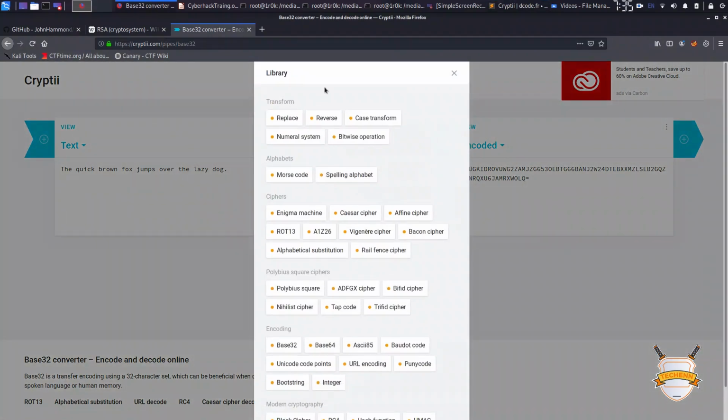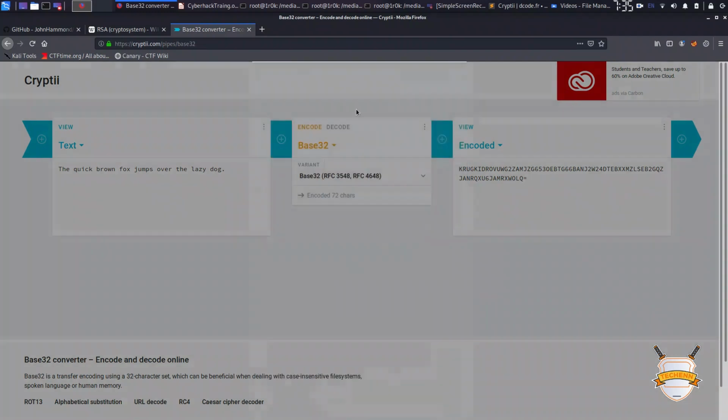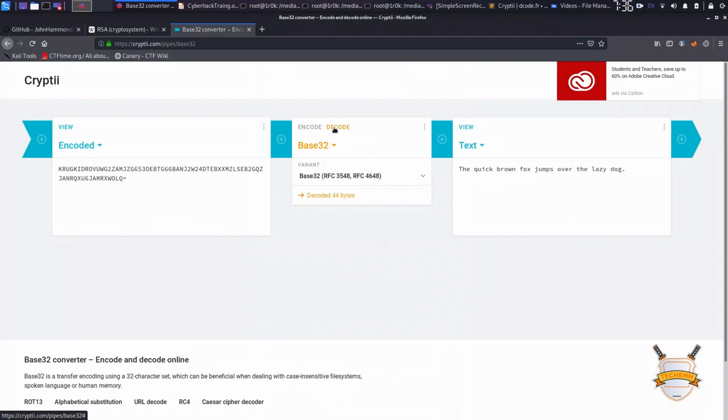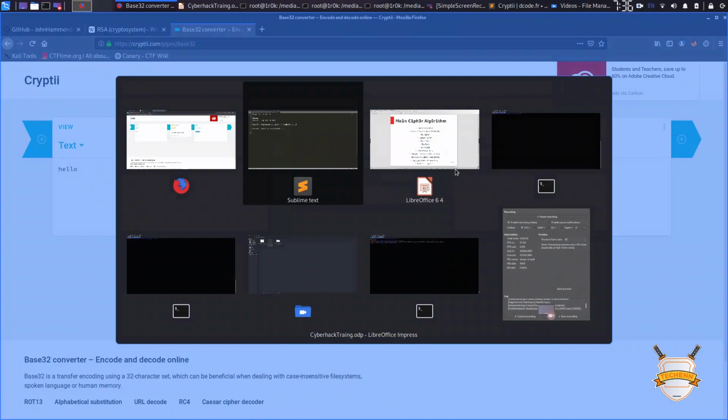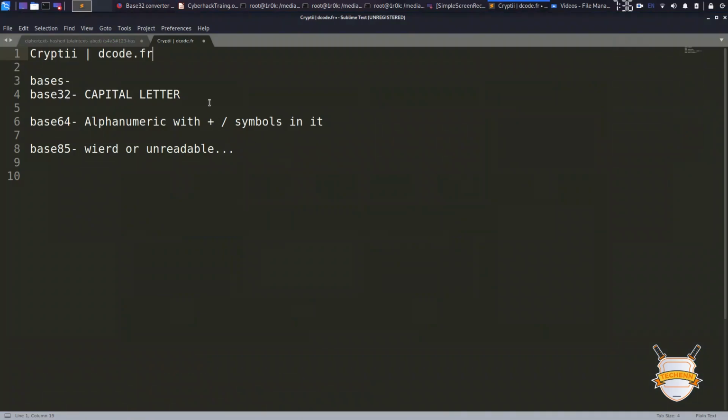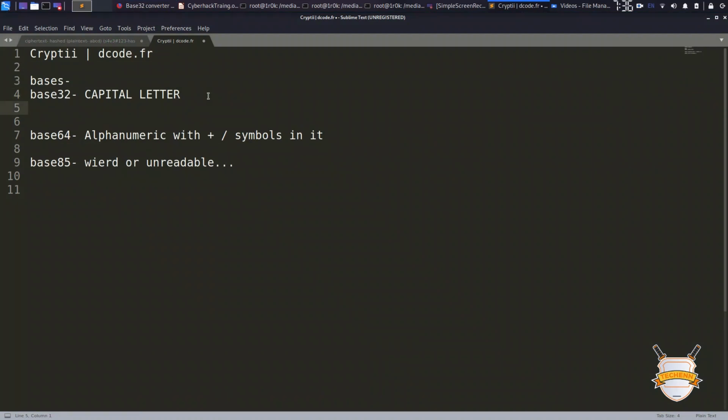Here you can see all the types of functions are there, and you can encode and decode both. So let's say the common word hello, and its encoded part is this. Our plain text is hello and cipher text is this.